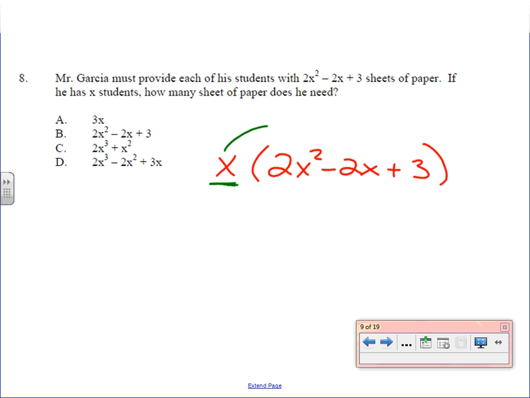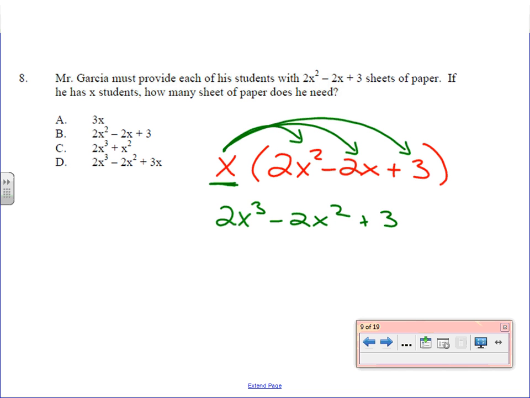We're going to take this x and distribute it. X times 2x squared is 2x to the 3rd. X times a negative 2x is a negative 2x squared. And x times 3 is a 3x.